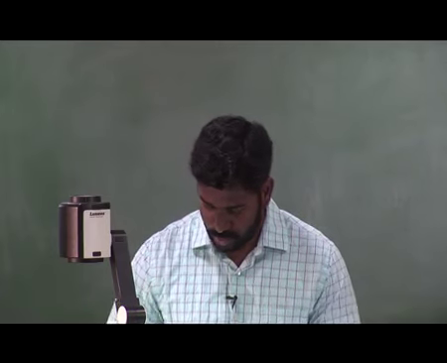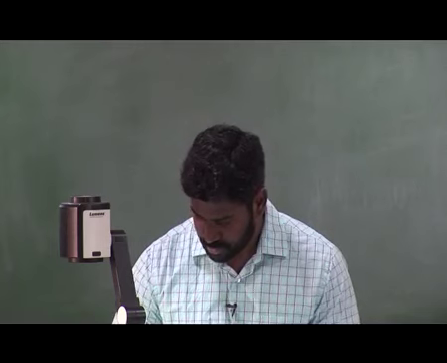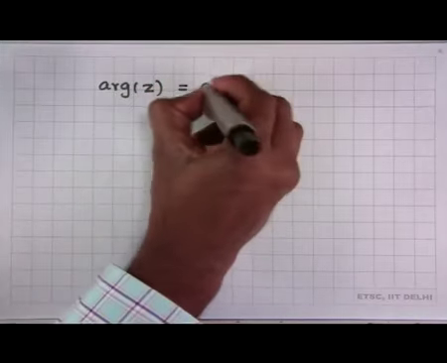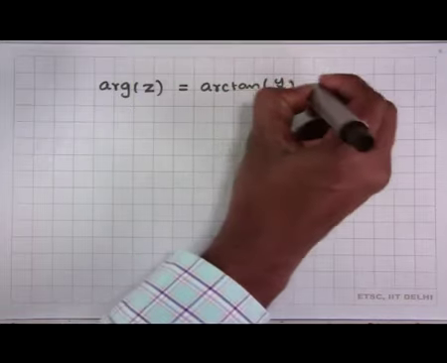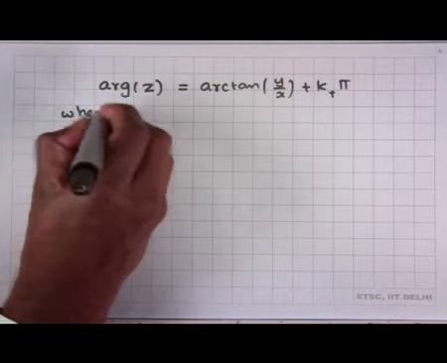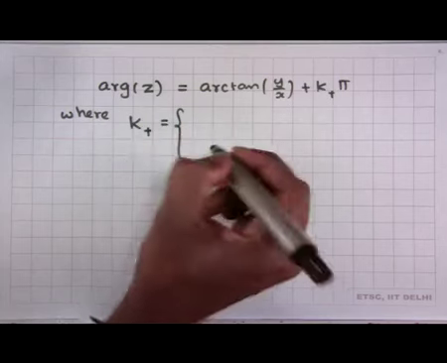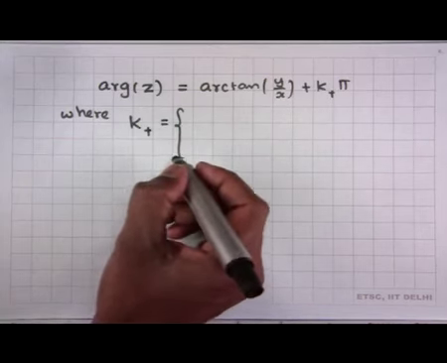So, our principal argument formula, that is argument of z, is given by arc tan of y by x plus k plus pi, where k plus is the proper adjustment depending on where our x, y lies.